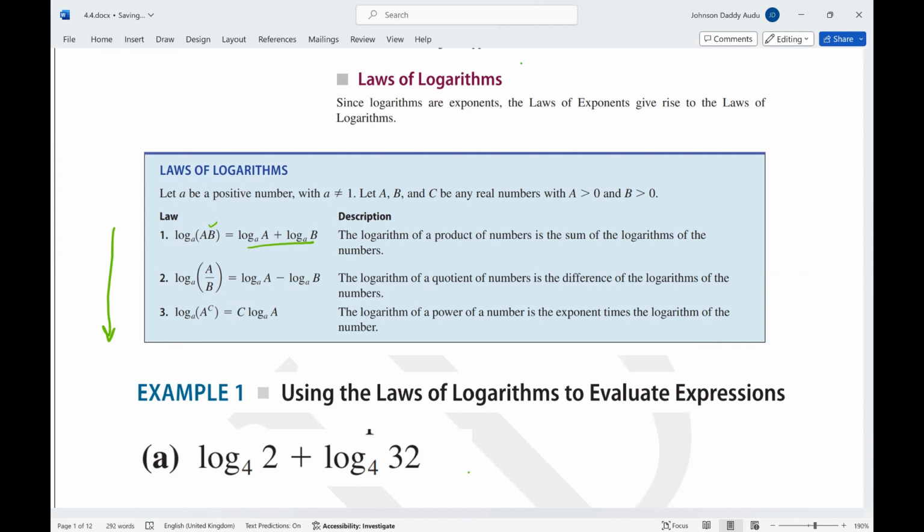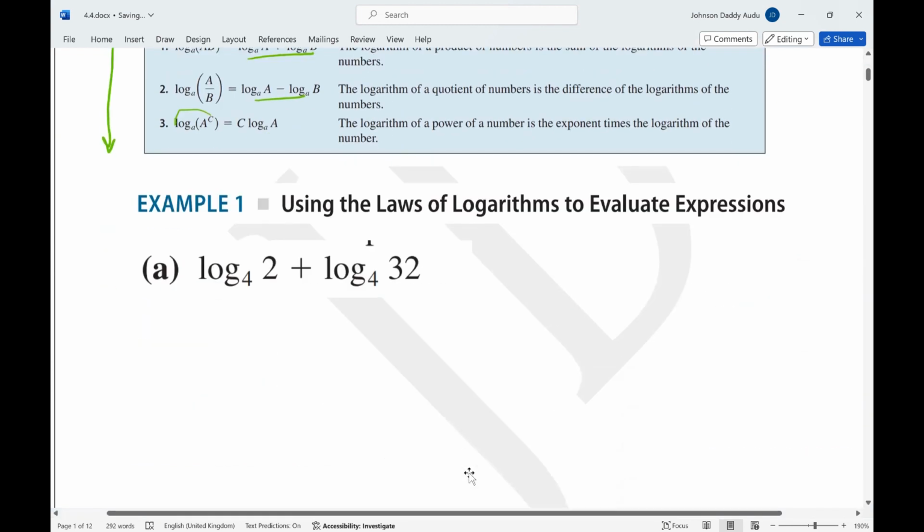And if you have log to base a of A divided by B, you just change division to subtraction. While if you have a power law, log to base a of capital A to power c, the power can come down. So it becomes c log to base a of A.